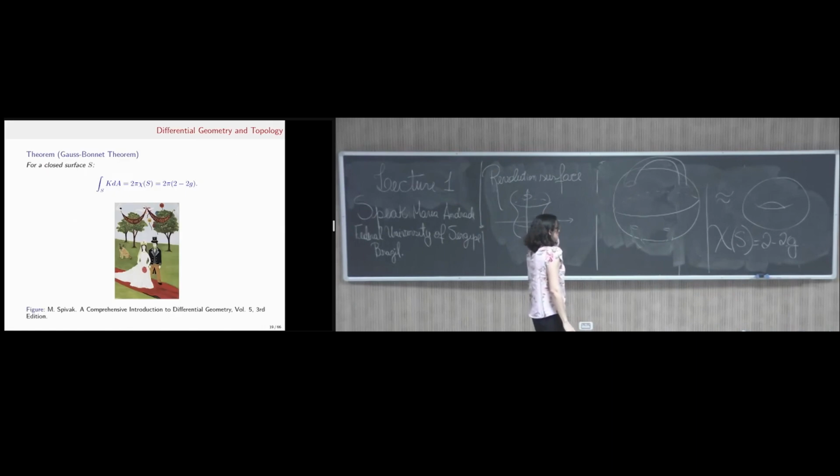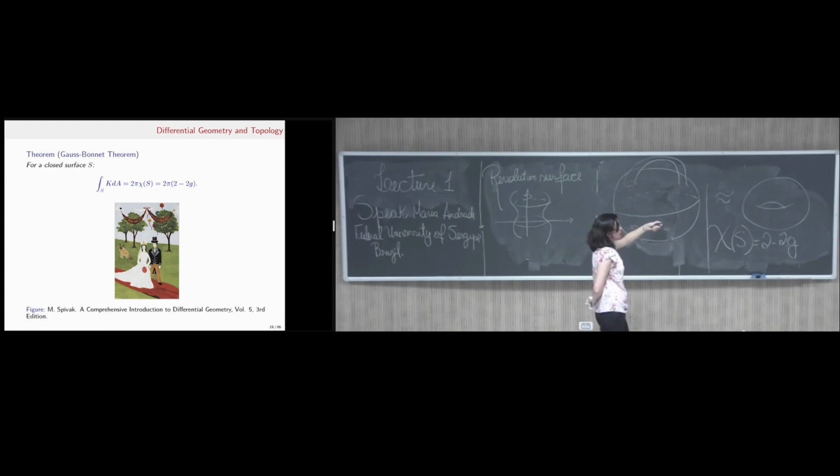And remember, when I defined the Gaussian curvature, this is important for geometry, and you define too the Euler characteristic, okay? But the Gauss-Bonnet theorem says that if you integrate the Gaussian curvature, you have a result that marries geometry and topology.